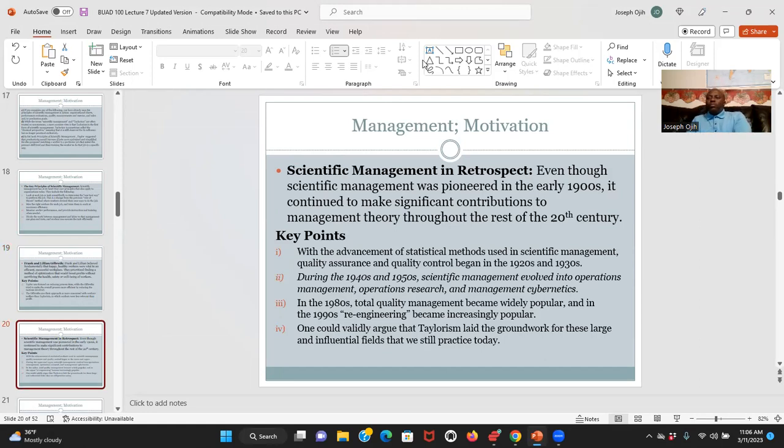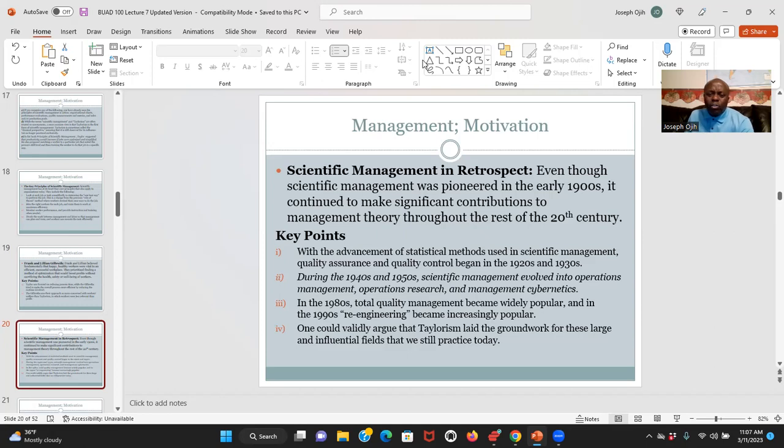Now we look at scientific management in retrospect. What happened to scientific management today? Well, we still use it, even though it was pioneered in the 1900s. It continued to make significant contributions to management theory through the rest of the 20th century and even today.